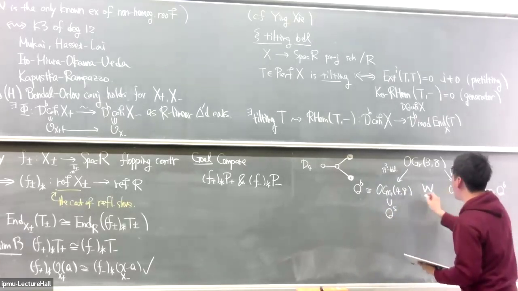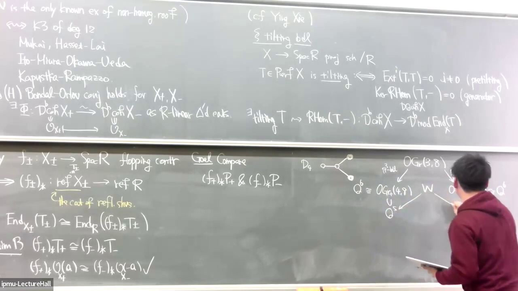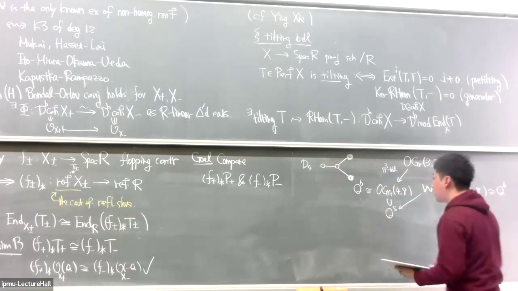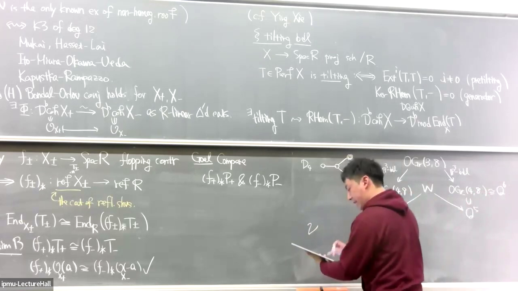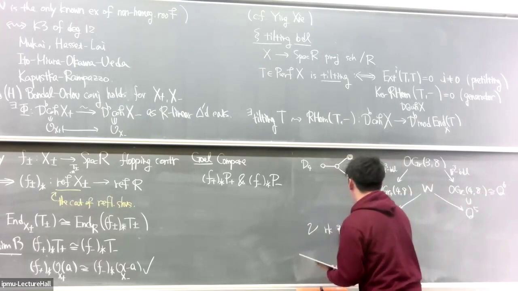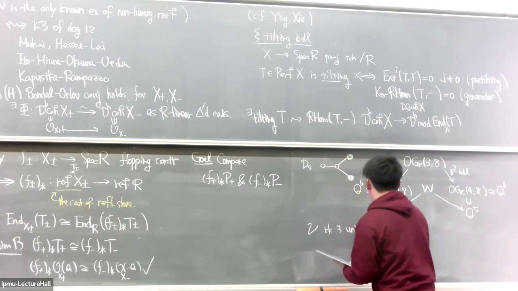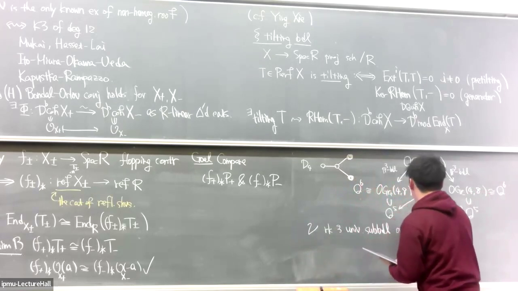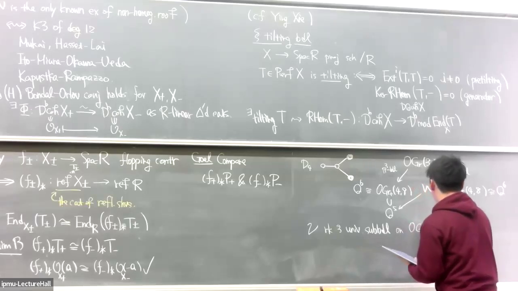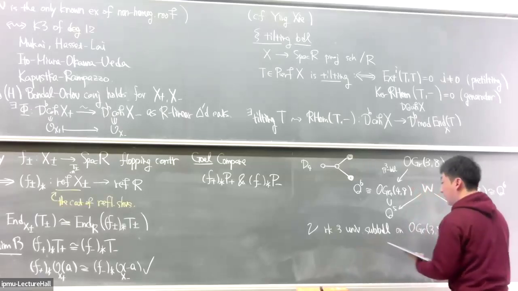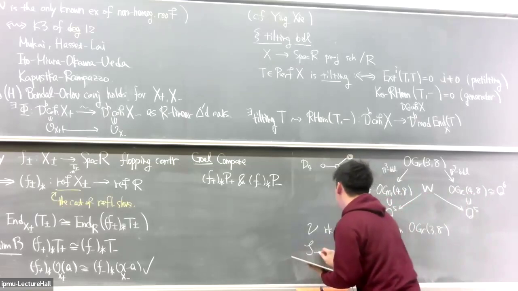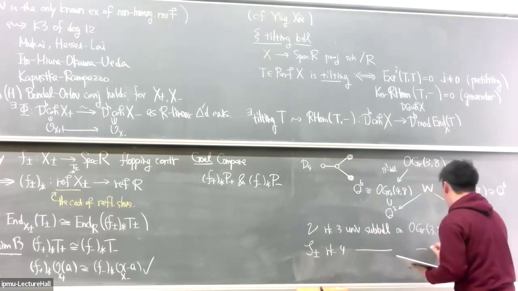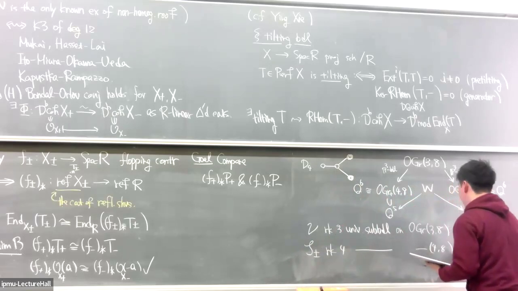And now we are considering B, a rank 3 universal subbundle on the Grassmannian 3A, and S plus minus, a rank 4 universal subbundle on the Grassmannian 4A.